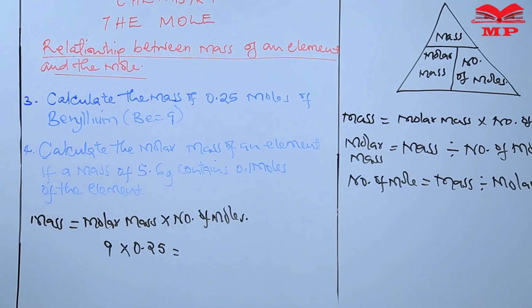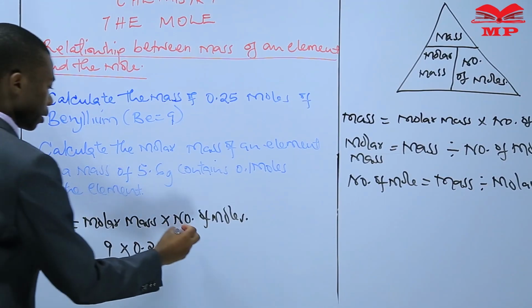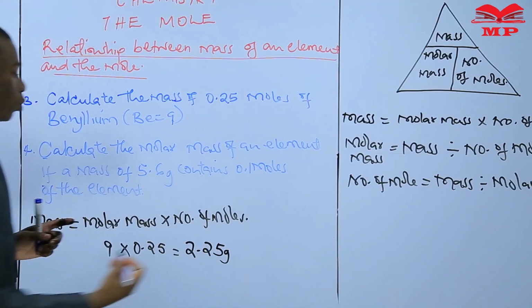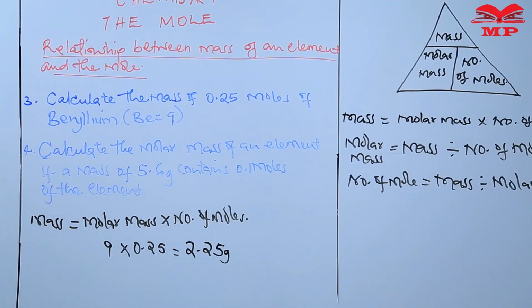And you'll get 9 multiplied by 0.25, and this gives you 2.25 grams. Again, ensure that you include the units. That is how you're supposed to go about question number 3.